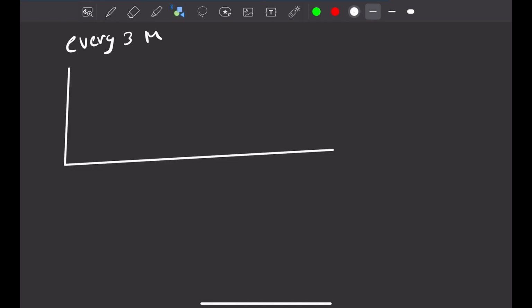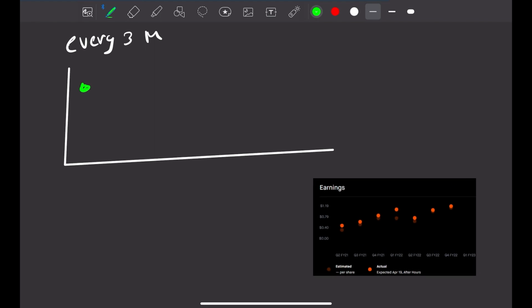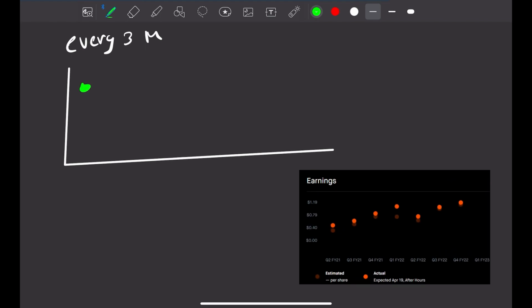Every 3 months, a company has to report earnings, and you'll probably see a chart like this. It would have a green bubble here, green bubble here, and then these earnings will be labeled as Q1, Q2, Q3, Q4, and then go back to Q1.